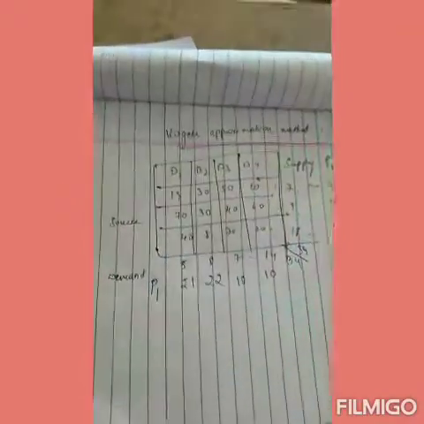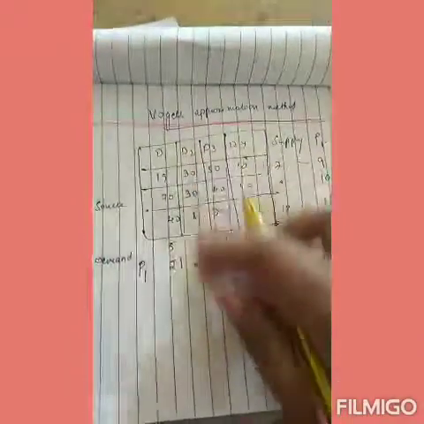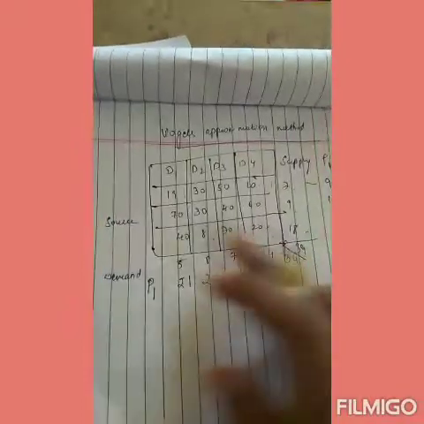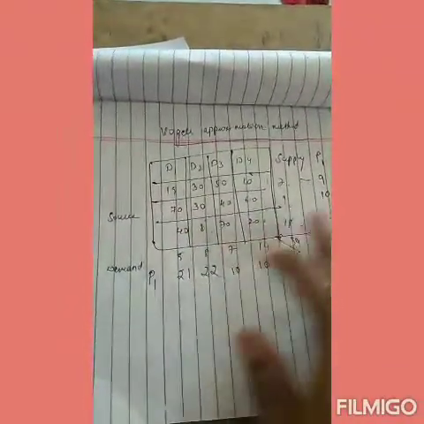So this is P1 for column-wise, and this is row-wise for penalty 1.